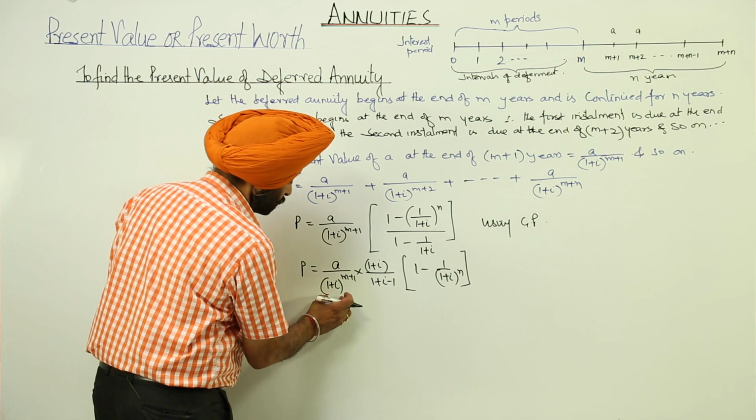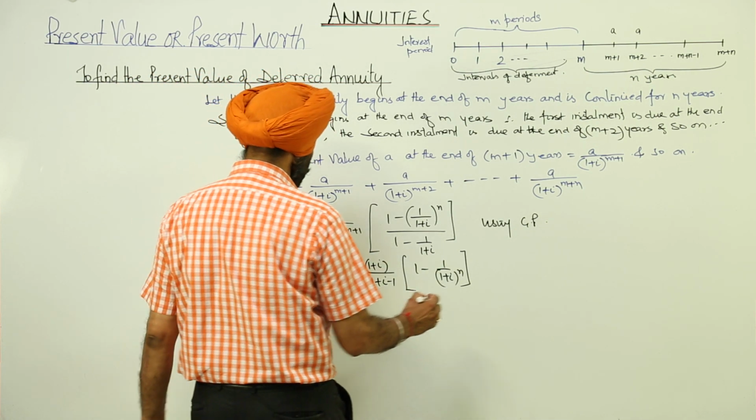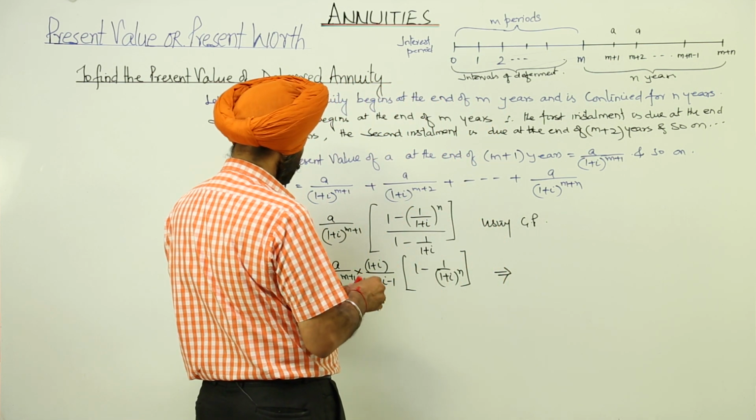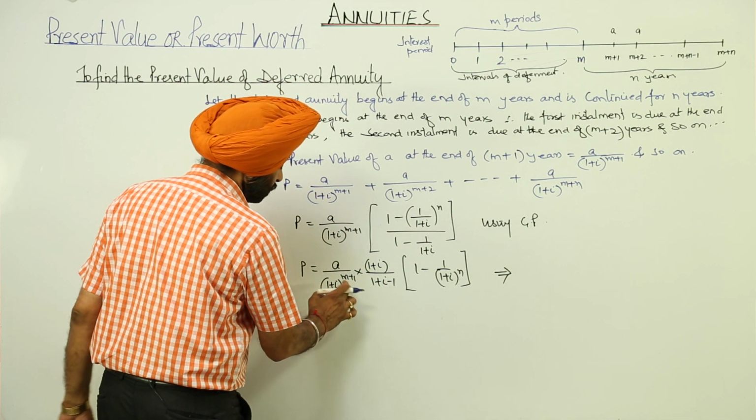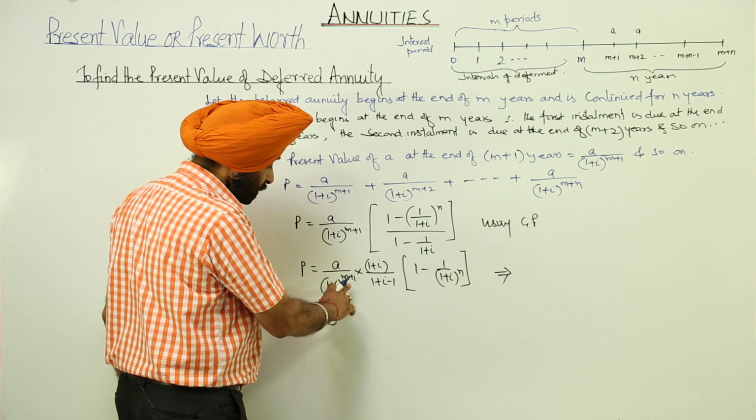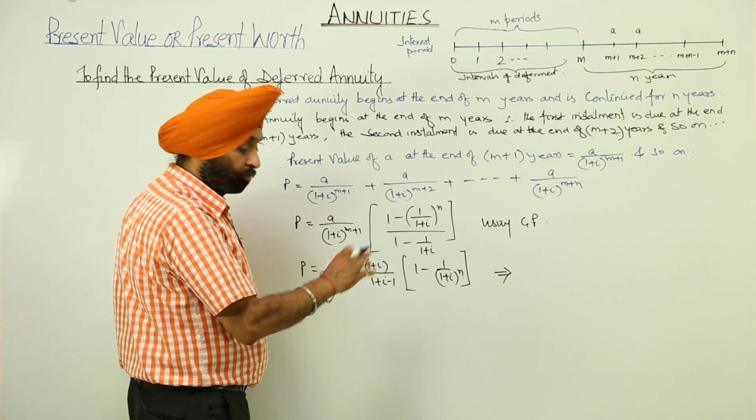Now here this term and this term are equal. So this will become m plus 1 minus 1. This will come downwards, it will become m plus 1 minus 1.